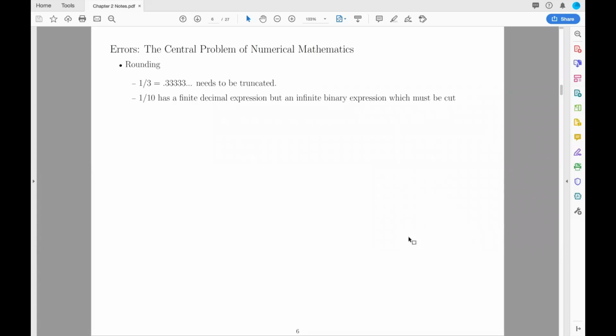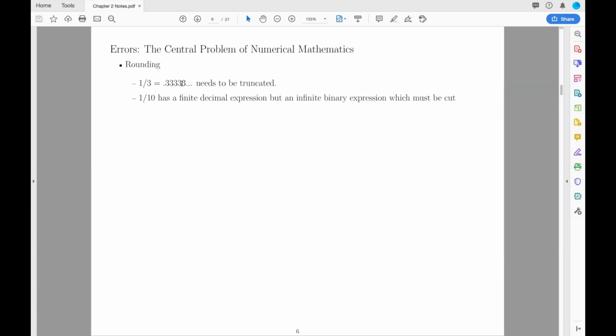Here's the big problem. When you have only a finite number of possible numbers, a lot of numbers can't be represented very well. For example, 1/3. Even in decimal arithmetic, 1/3 is a problem because 1/3 equals 0.3333 for an infinite number of threes.